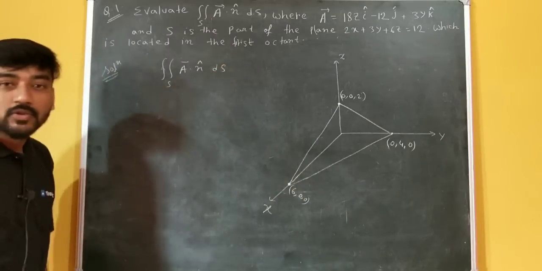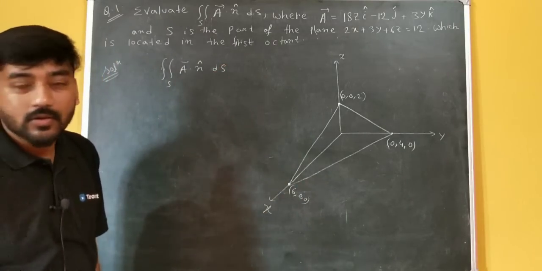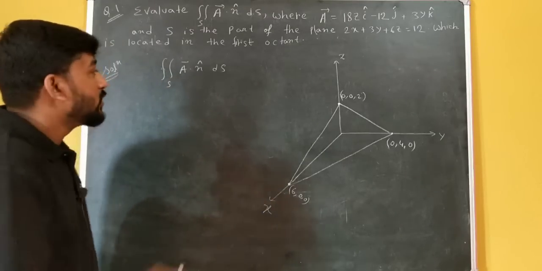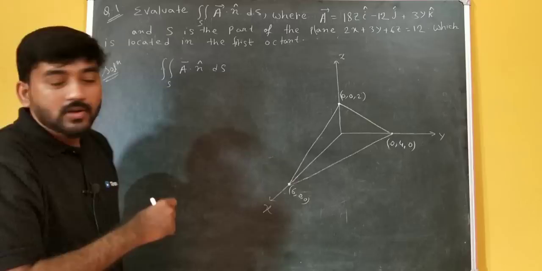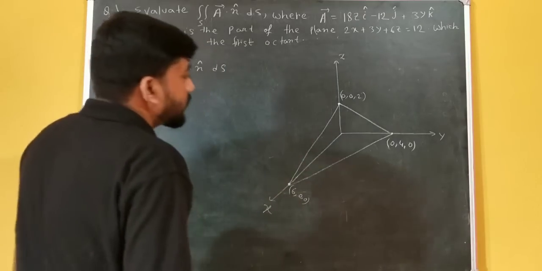First you have to choose the region of integration, that is, on which plane you want to do the integration. That means you have to take the projection of this dS. So first let me choose the dS over here.